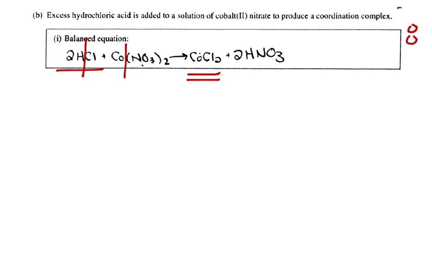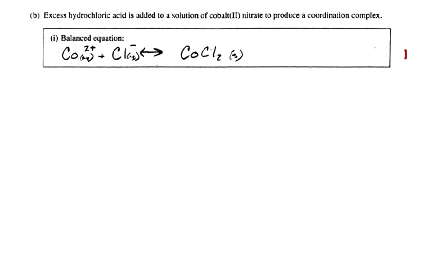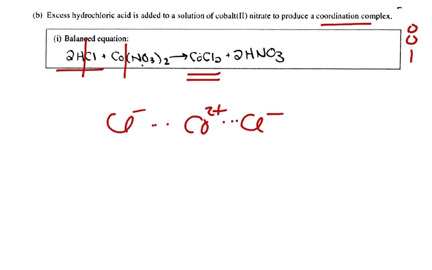Their cobalt chloride, that's a Co2+. They've got a Cl-. They've got a Cl-. That actually is going to count as a coordination complex, and so they're going to get that point. That's fine. And then balancing, everything is balanced, so they actually got 2 out of the 4 points for this answer.